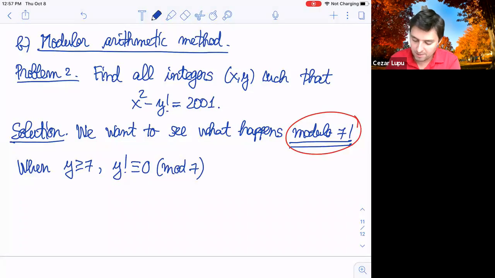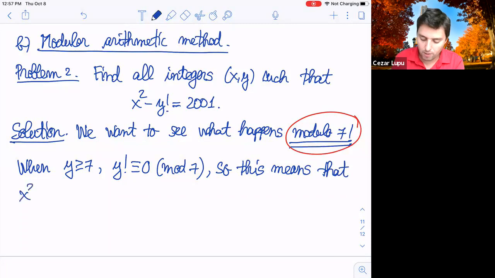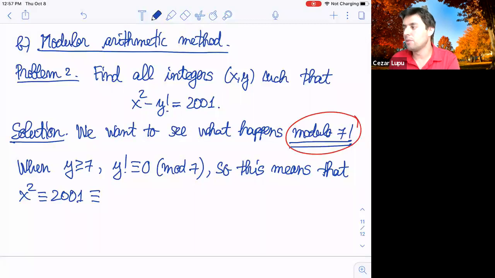So what does this mean for our equation? Since y squared is y factorial plus 2001, this means that x squared will be congruent with what? Can you tell me? With 2001, which will be congruent with -1 mod 7.